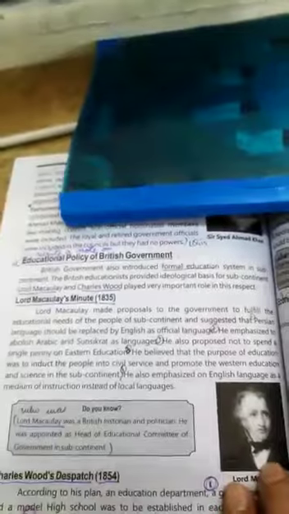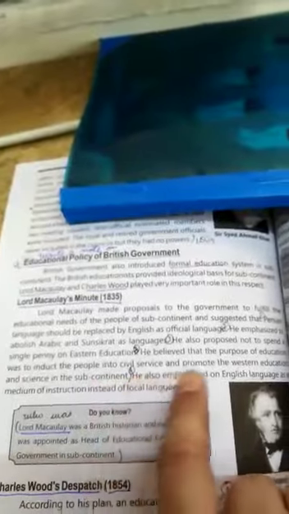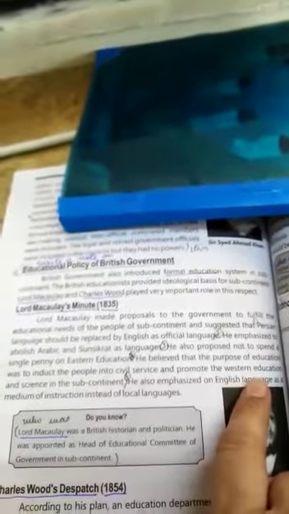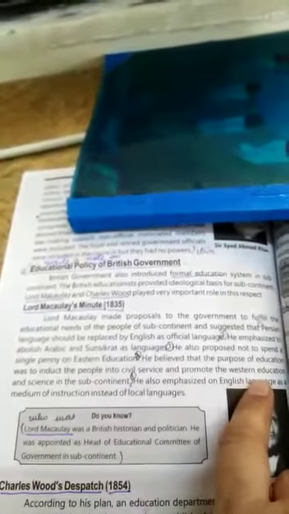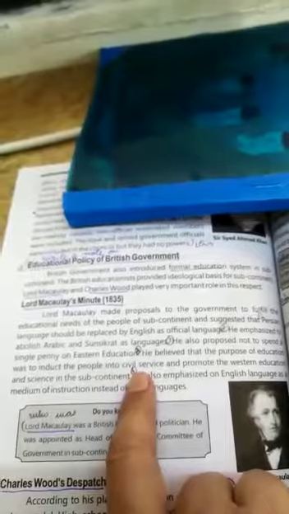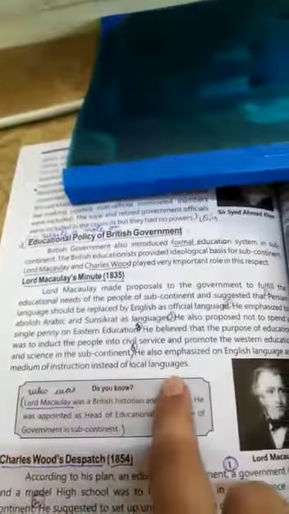He believed that the purpose of education was to induct people into civil services and promote Western education. So what were the two main points? The first is to induct the people into civil services, and secondly to promote Western education and science in the subcontinent. Number 4, he also emphasized English as the medium of instruction instead of local languages.